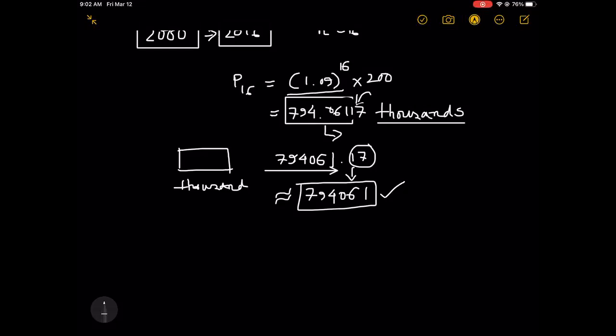So it's really important to see the entire question first, whether or not it gives you the freedom to express it at your will. If the unit is given in thousands, and if you still write this, you'll be penalized. Can you see that? So it's really important to see what the question actually wants you to do.